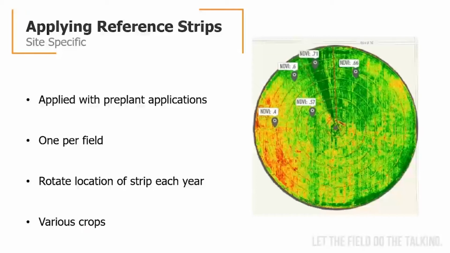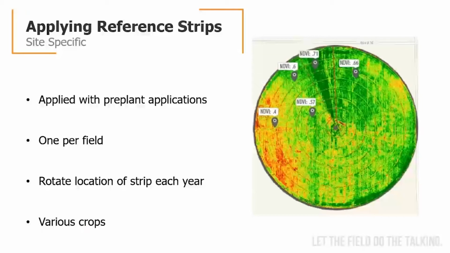Many people question if the strip accounts for full spatial variability within a field. While it's probably ideal to have multiple strips, a single strip can provide enough information to address the temporal variability of nitrogen demand within a field.